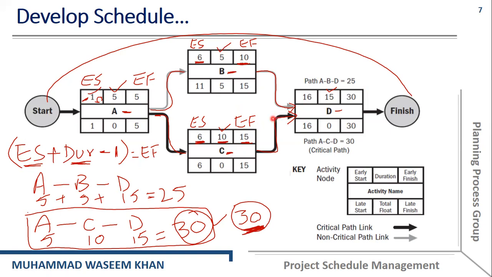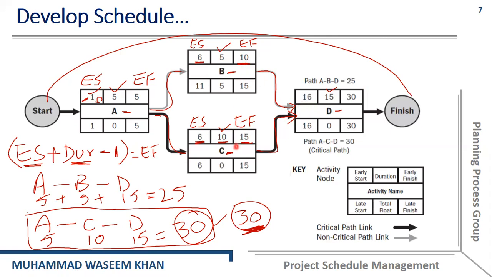Okay, so another rule is that if you want to find the earliest start of an activity, you have to select the greater value of the earliest finish of the predecessors.